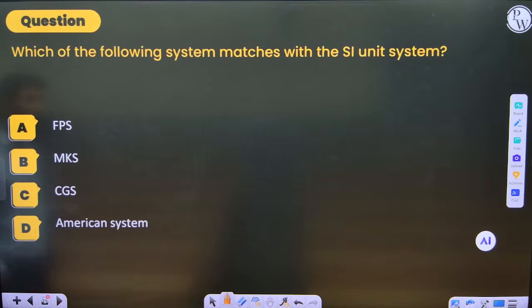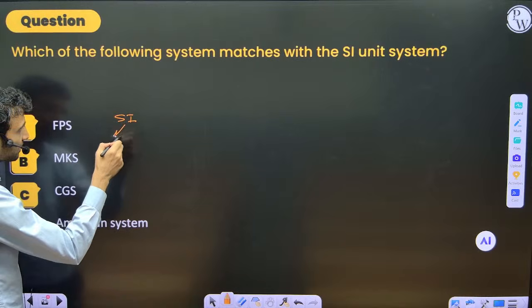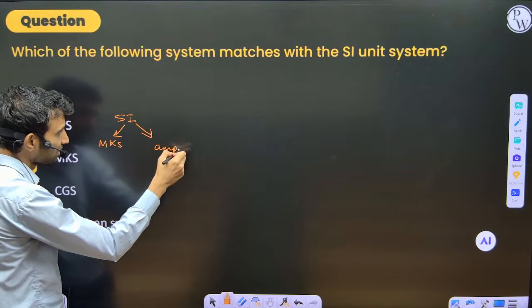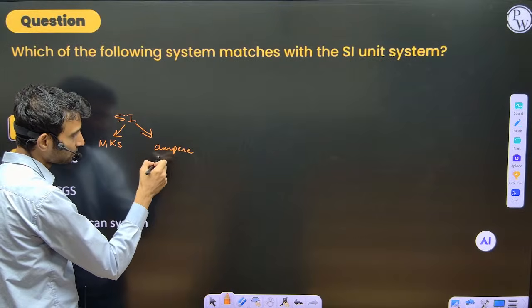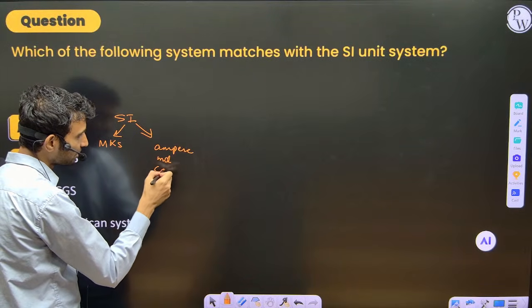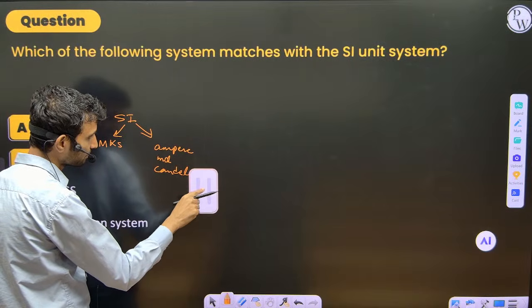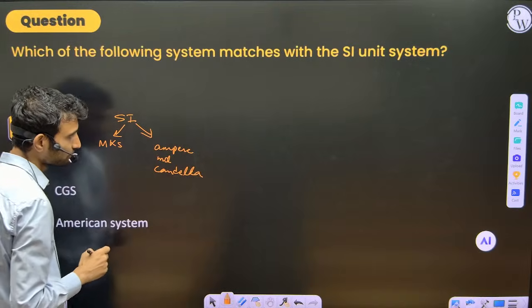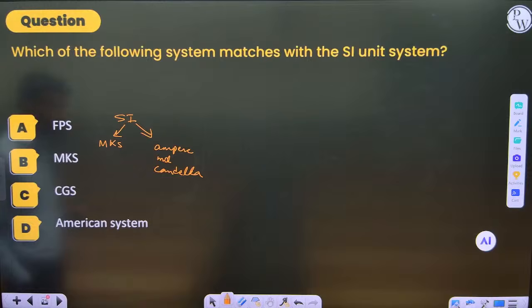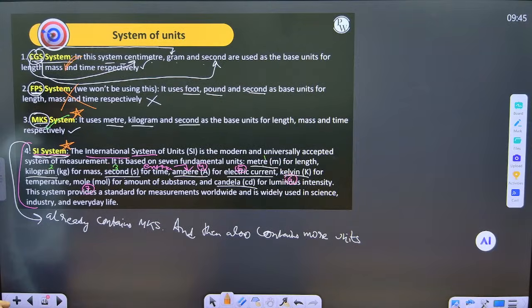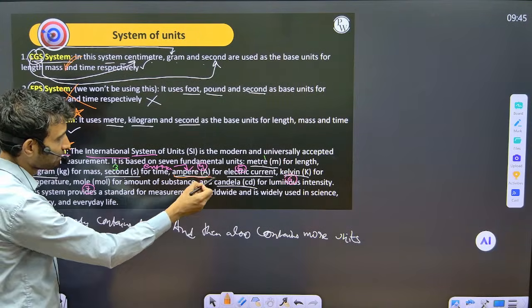Which of the following matches with the SI system of units? I told you, SI contains MKS and it contains ampere, then mole, then candela, and one more. Which one is it? We had seen ampere, mole, candela, and also Kelvin.